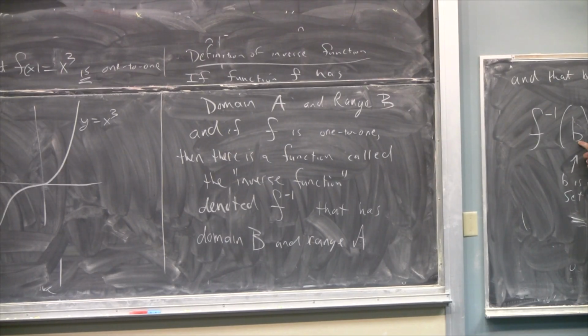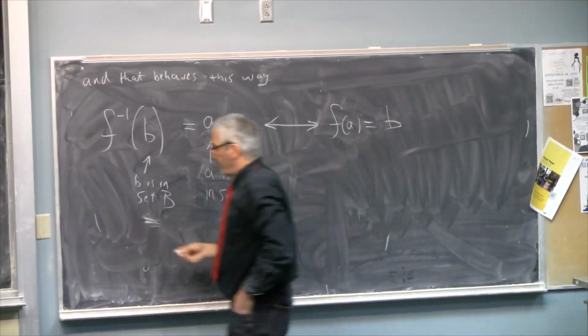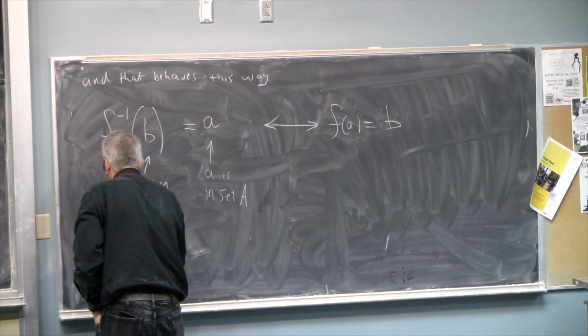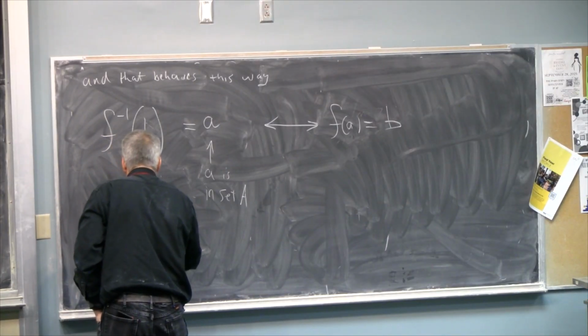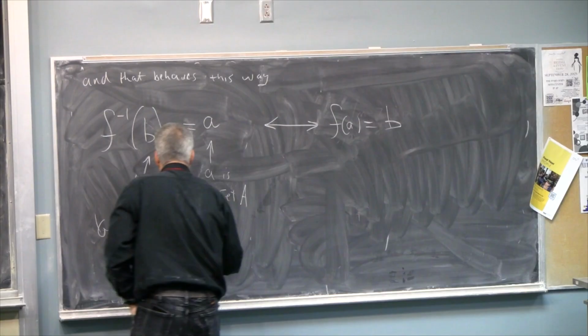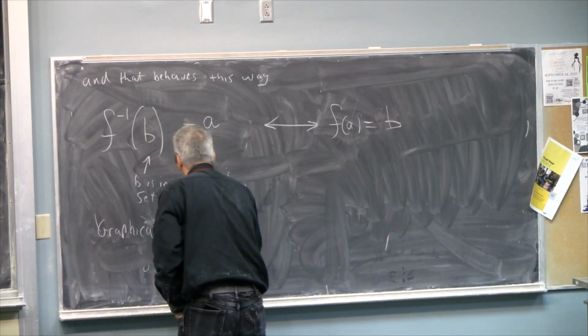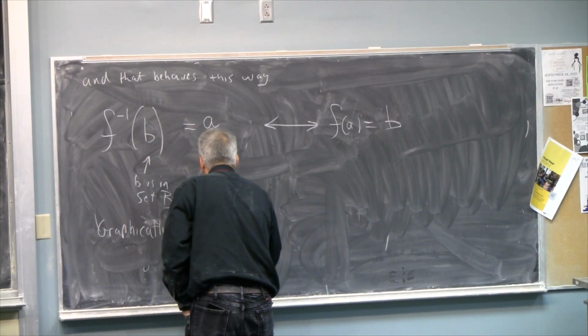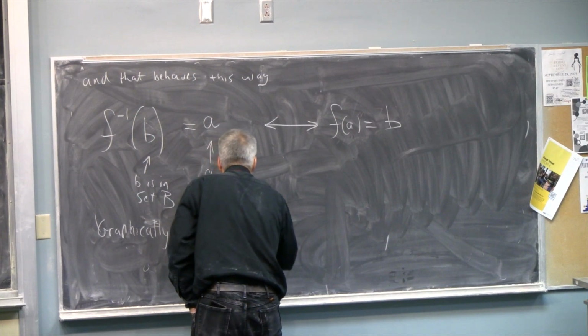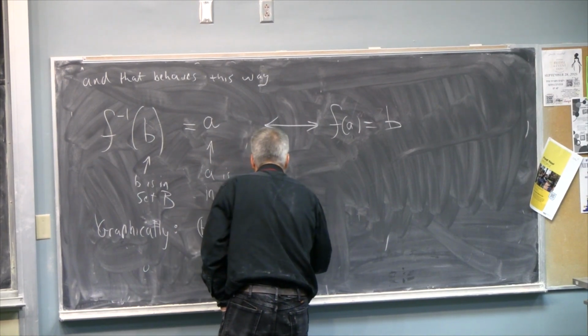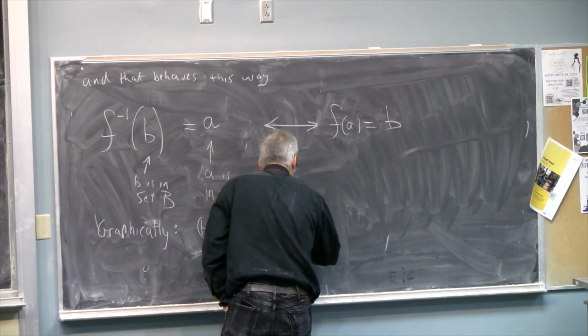the x, y coordinates of points on the graph of f inverse are going to be interchanging the x, y's of the points in the graph of f. So (b, a) is on the graph of f inverse.